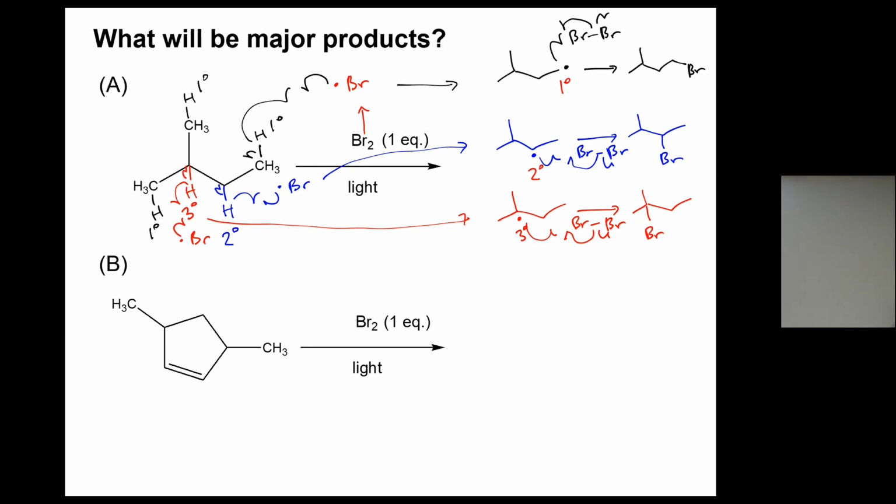But now there's a tertiary one. Three carbon chains donating electron density to the radical is the best of the three. So which one is the most stable radical? The tertiary radical. And because the tertiary radical is more stable, it produces the bromine sitting on the tertiary position as the major product. So this is how you solve it.